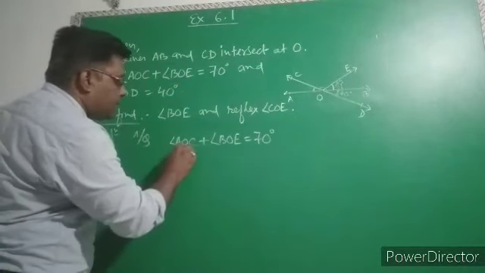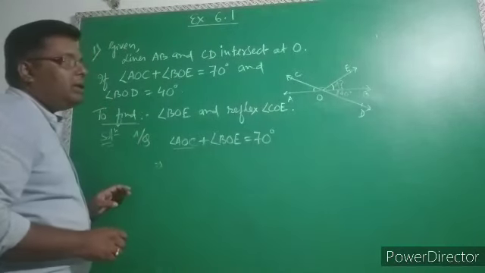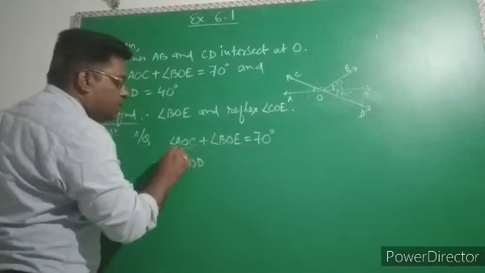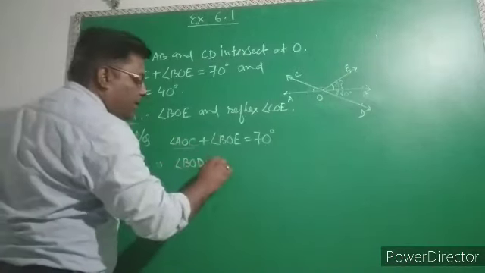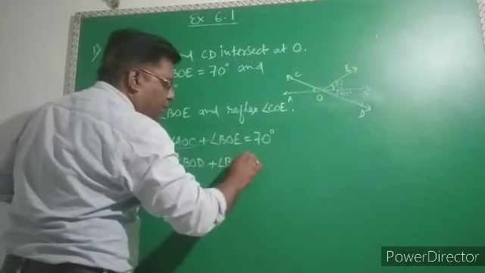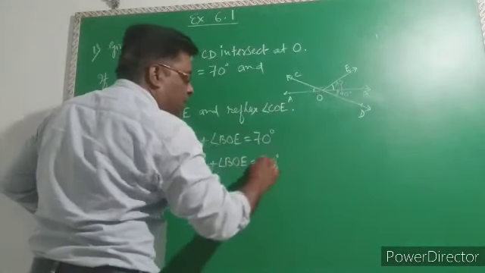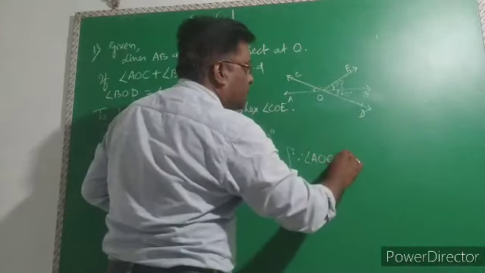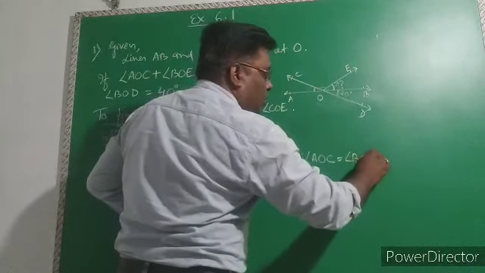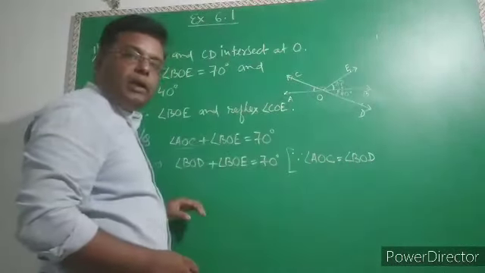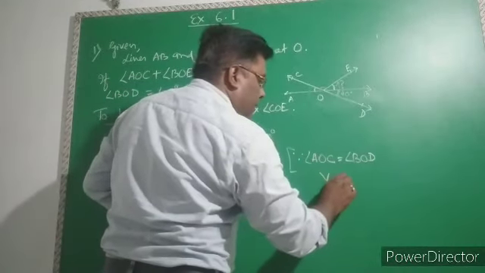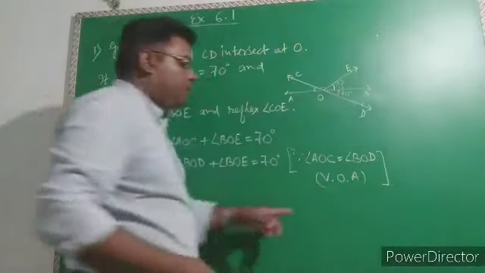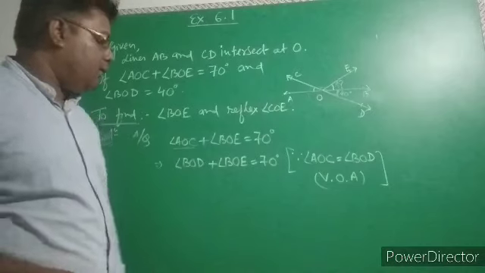So we can replace AOC by BOD, and write BOD plus angle BOE is equal to 70 degree, since angle AOC is equal to angle BOD. Why? They are vertically opposite angles. You can write VOA for vertically opposite angle.